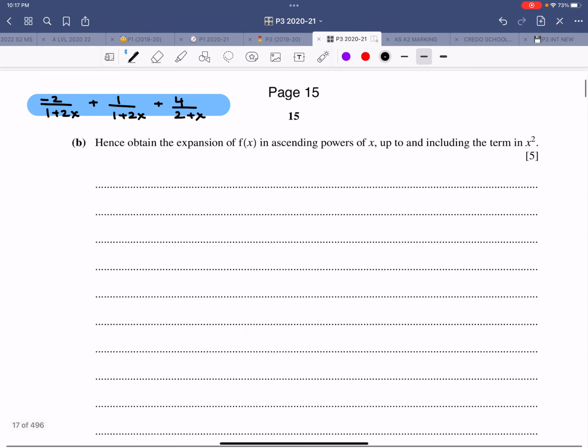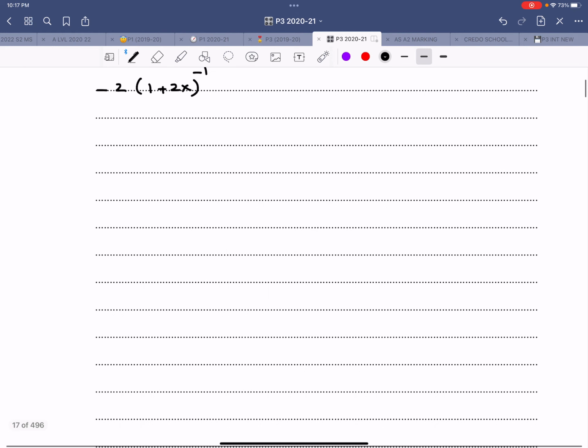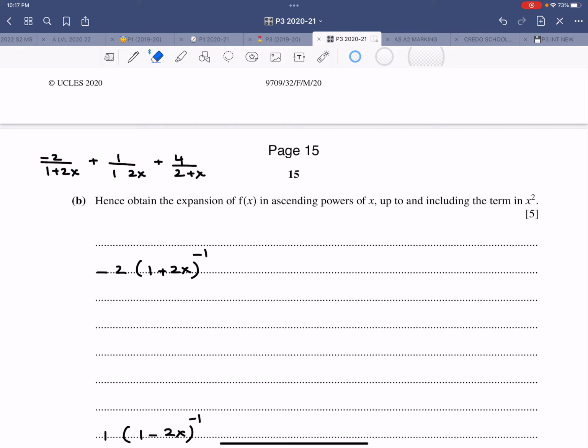Expand each one separately. Minus 2, 1 plus 2x raised to the power of minus 1. That is one thing. Next one, 1 minus 2x raised to the power of minus 1. That is the second one. And I'll shade it again.